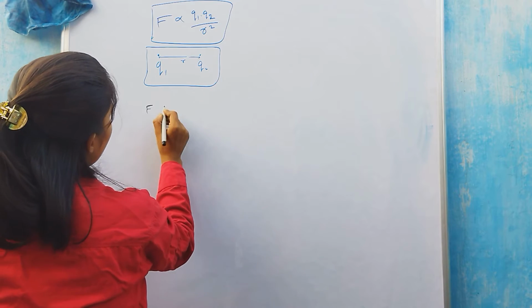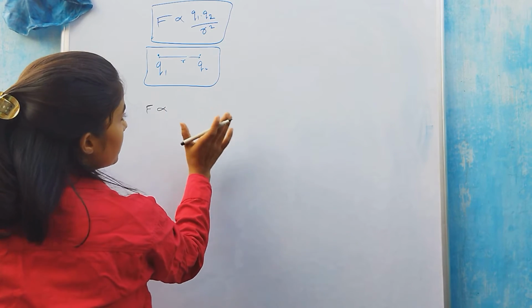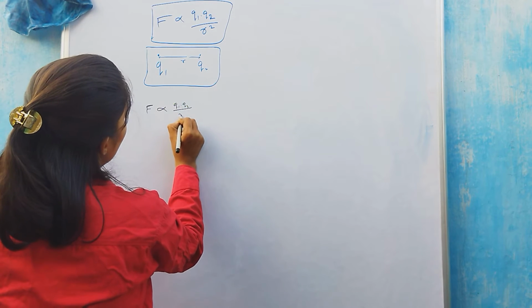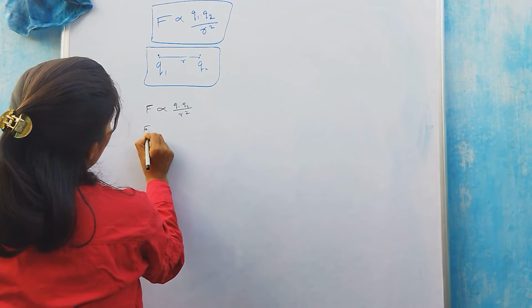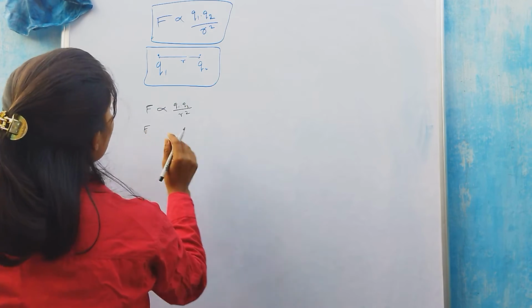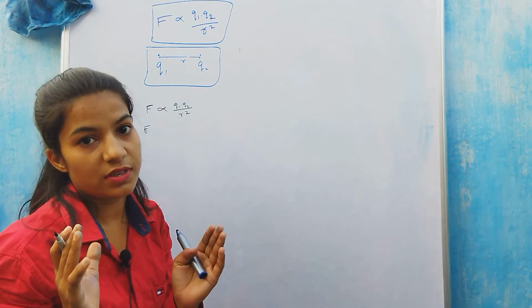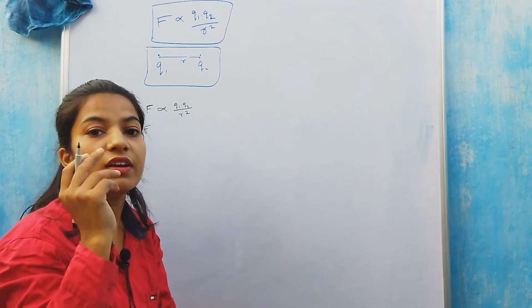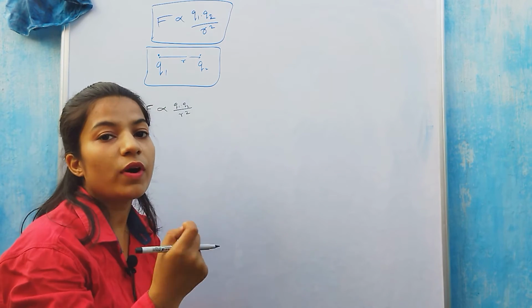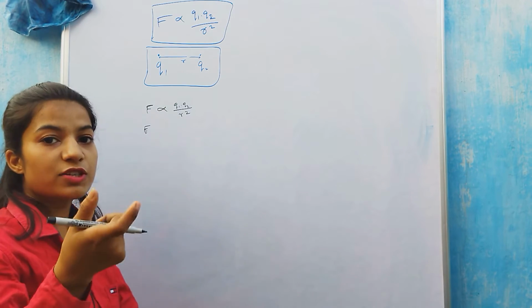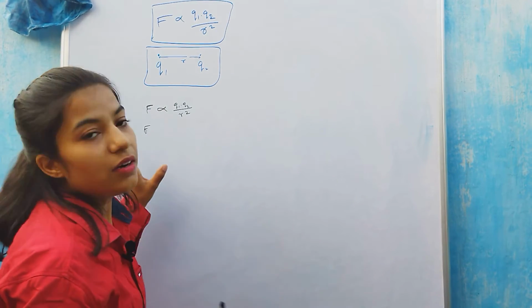If we have to remove the proportionality sign, then what do we do? If suppose we are talking about a proportional sign, okay, it means that when any one quantity is increasing, then the other quantity is also increasing, and vice versa.